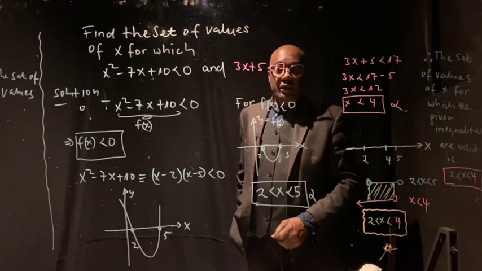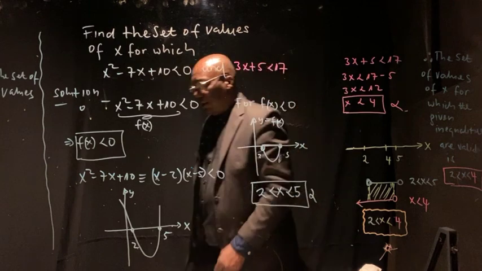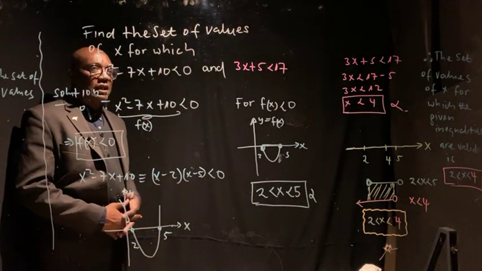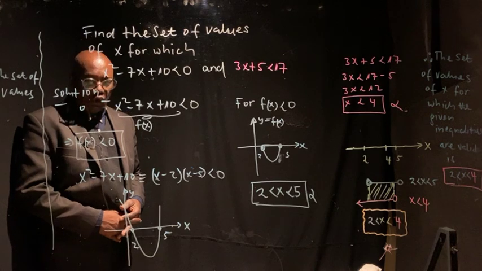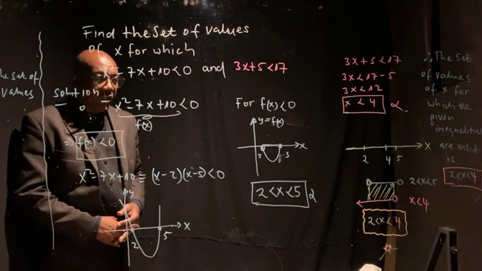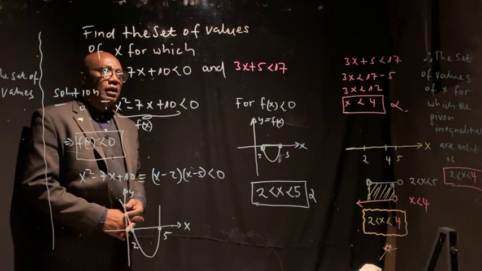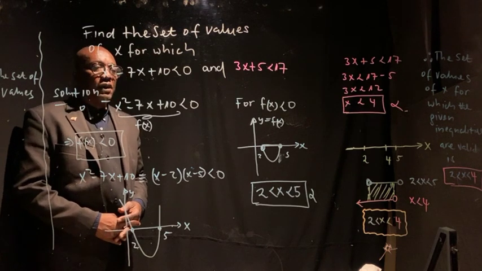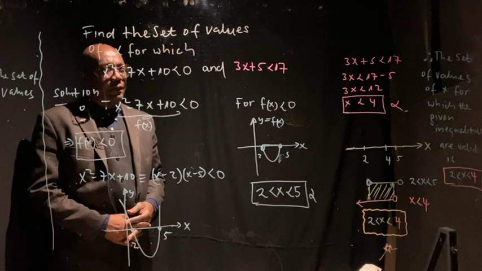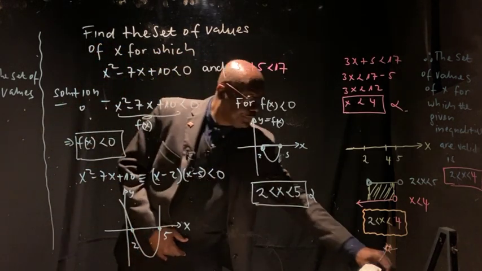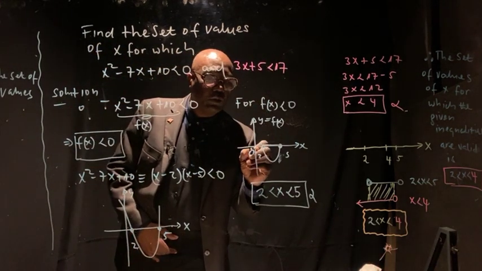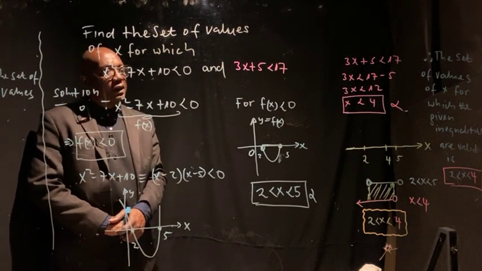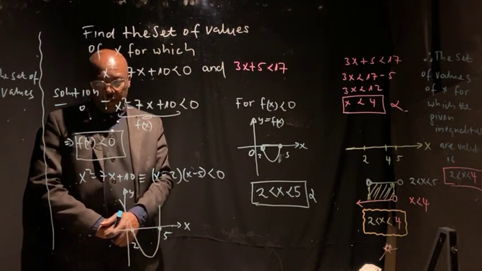Now, take your time to copy it, as I'm going to stand at this side to make the board more clear for you to copy. And then I'll come back again with different questions. And you can pause the video in the meantime as you copy it, and I'll come back again with another question. Thank you.